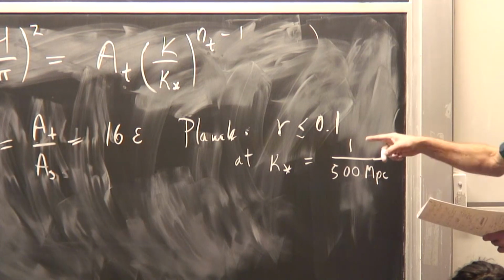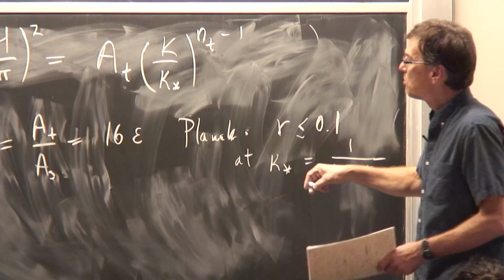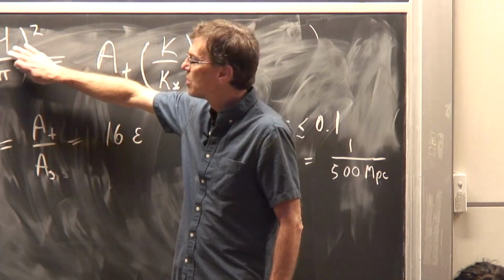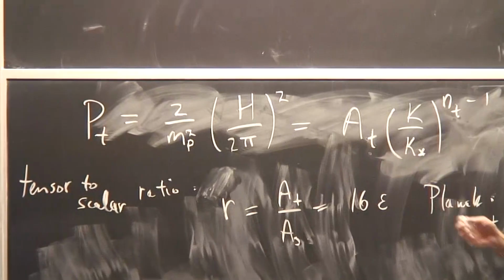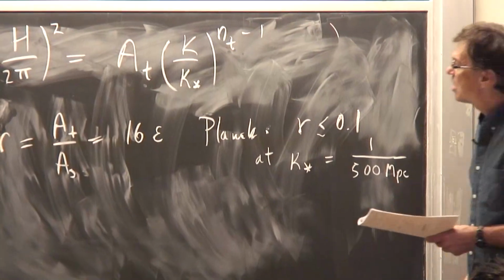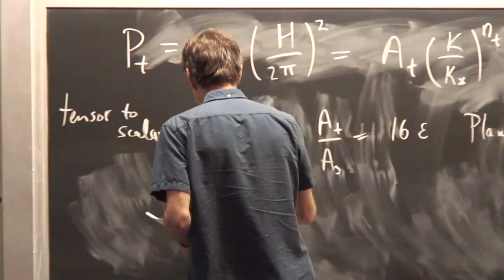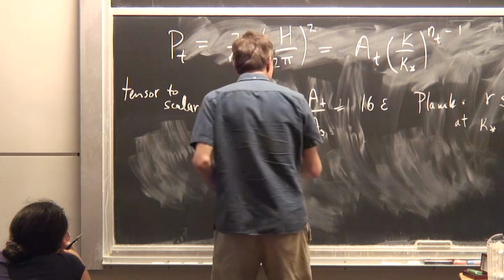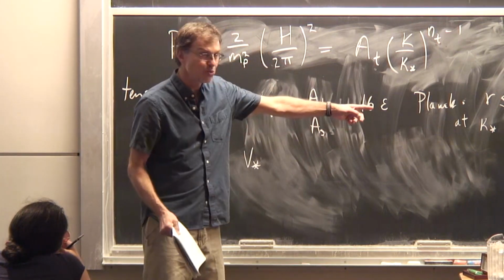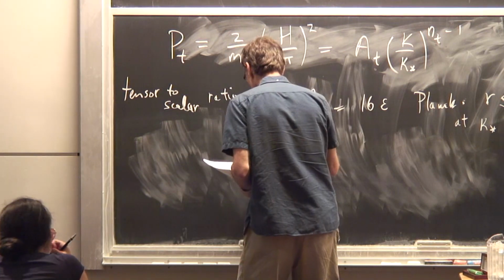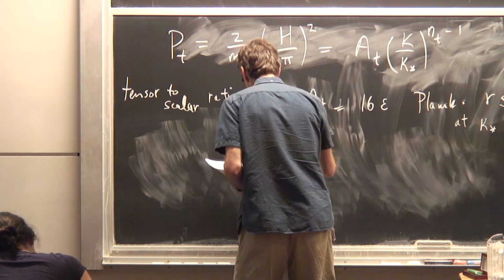Now, this has a very interesting consequence because of the fact that it doesn't depend on the shape of the potential, but only on the magnitude. So H squared only cares about the actual magnitude of the potential. This puts a limit on the scale of inflation evaluated at this reference wavelength.